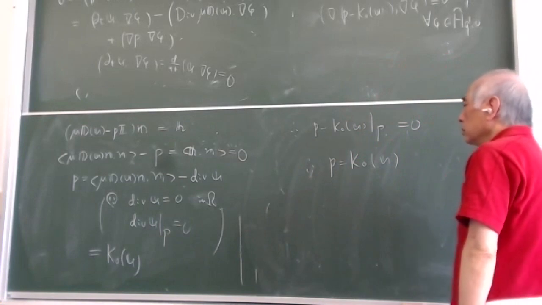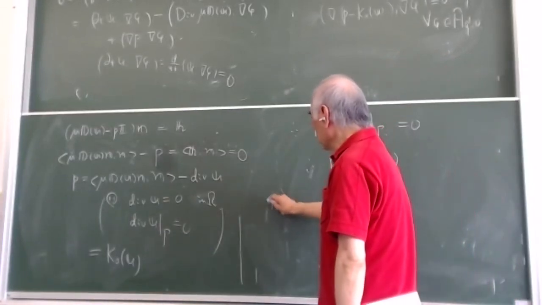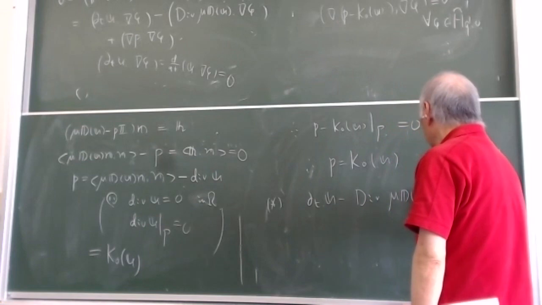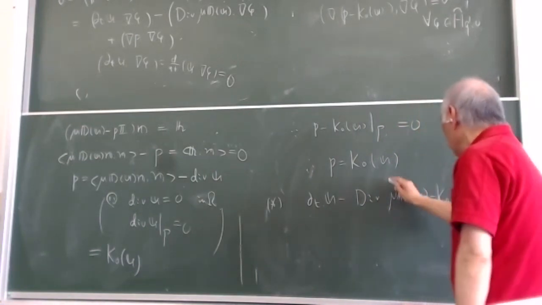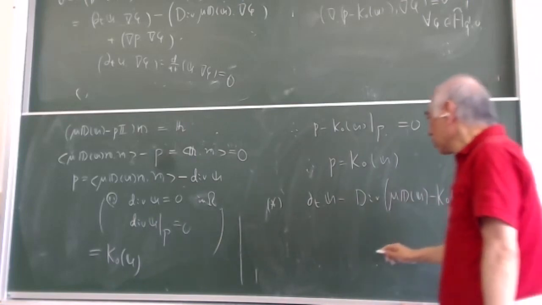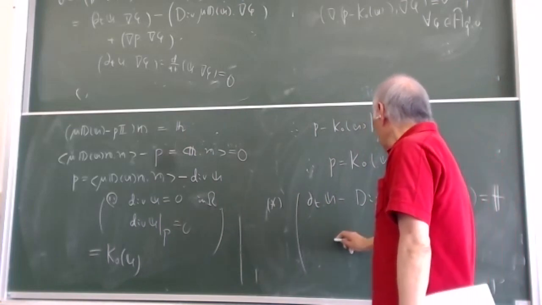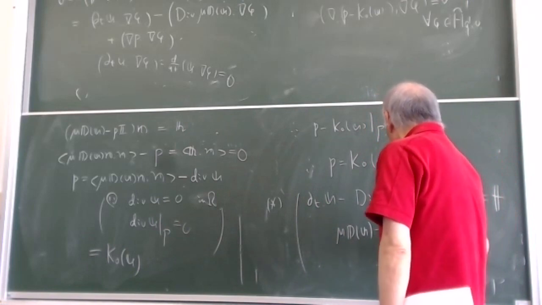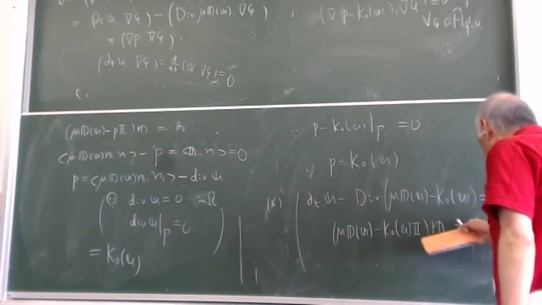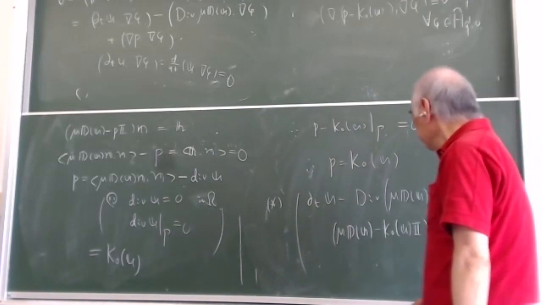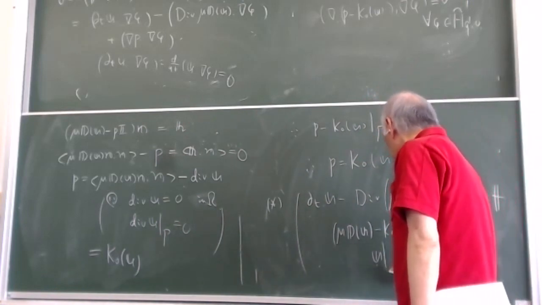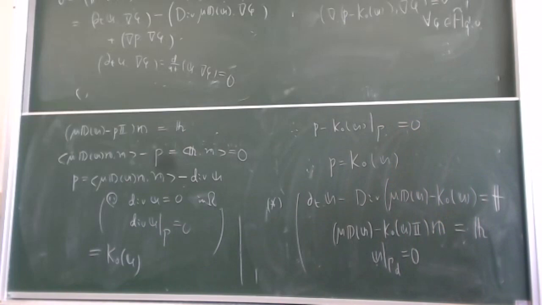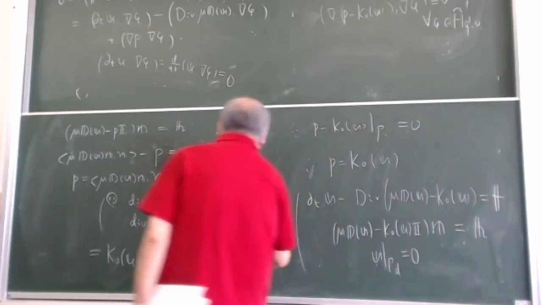So therefore, finally we have this. This is a reduced Stokes.